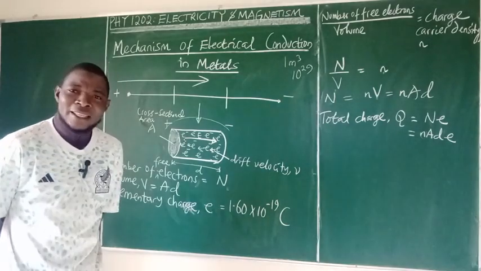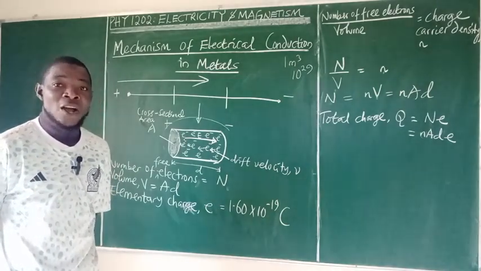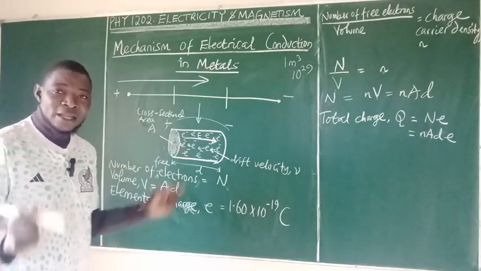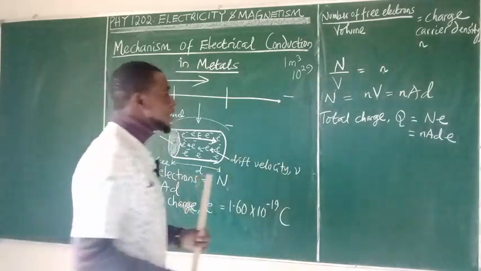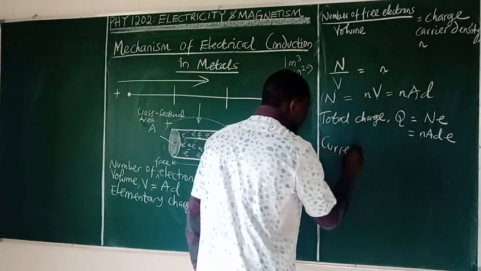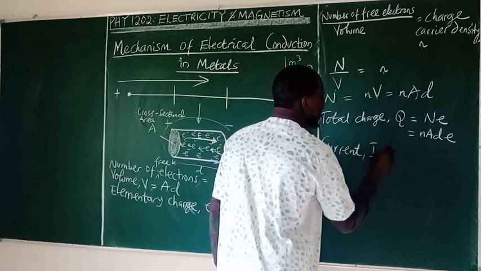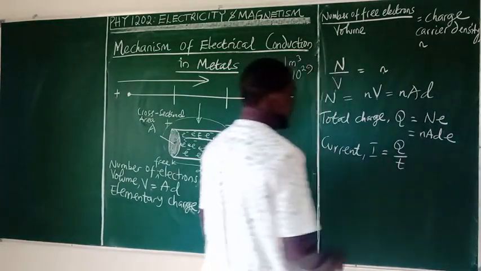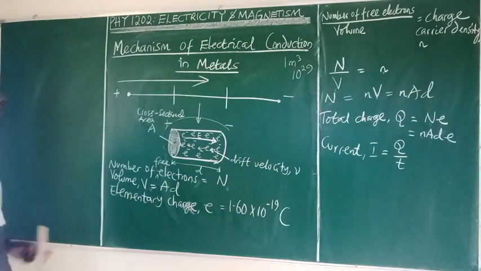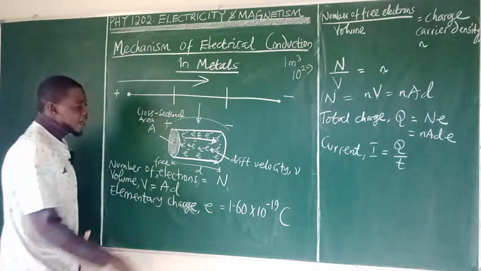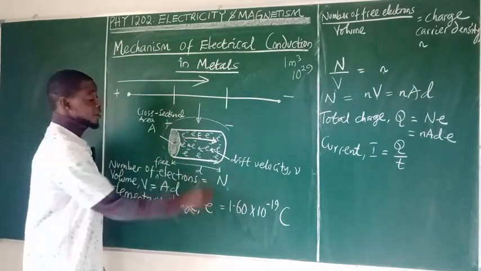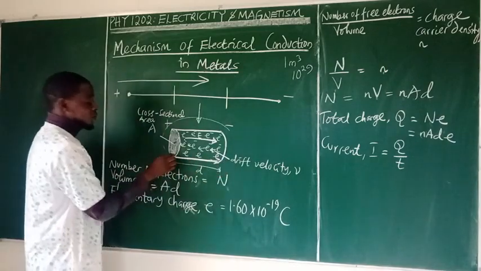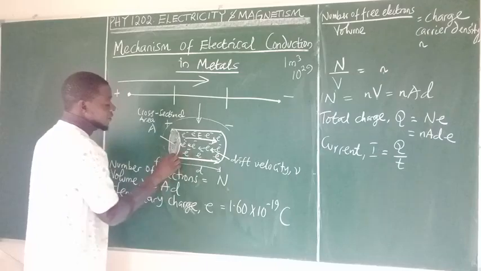Now, how do I get the current? Remember, I told you that one of our performance objectives is we want to get the magnitude of current flowing through the material. I remember from our previous video that current is charge divided by time. Coming back to this, let's say I have an electron that drifts from this end to this end.